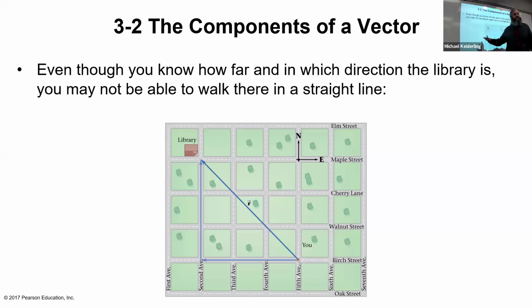These would be the components of this vector. If I want to get from here to here, I have to move so many blocks west and so many blocks north, 3 blocks west and 3 blocks north. So I can break a vector down into its components.